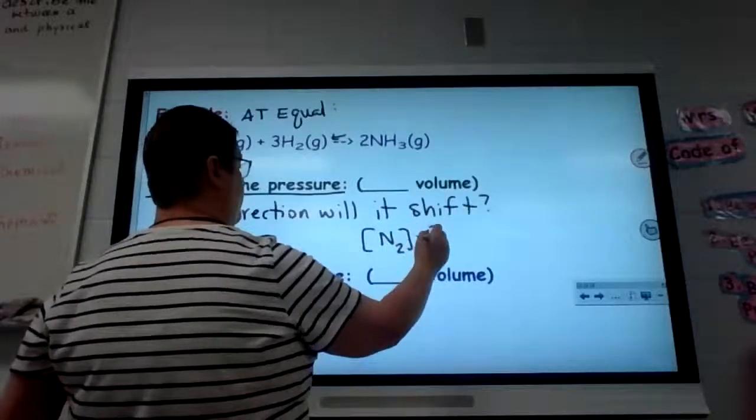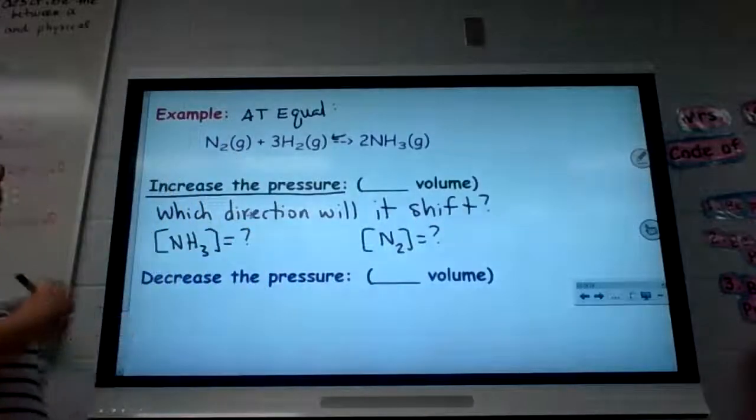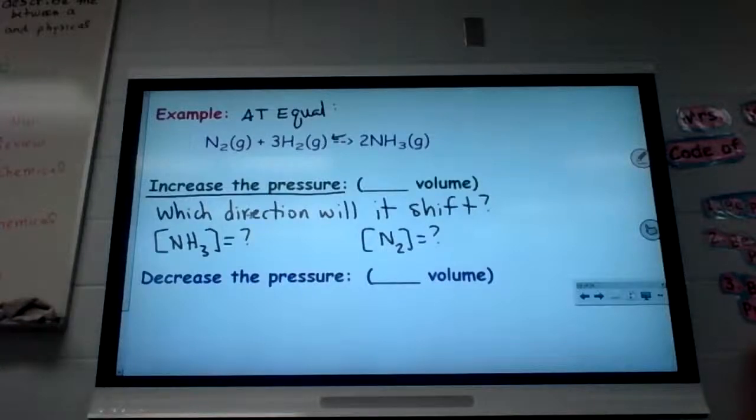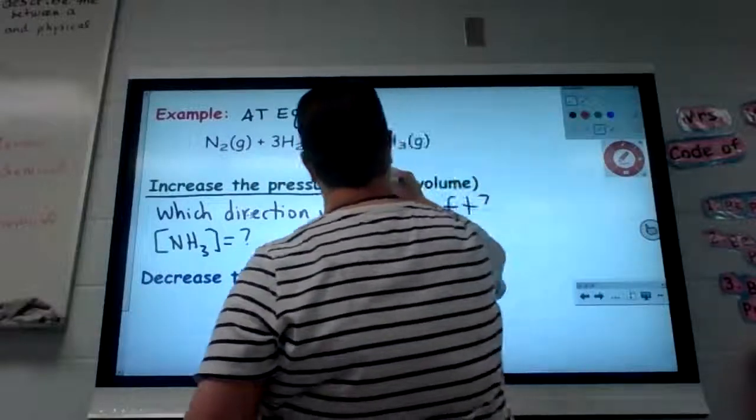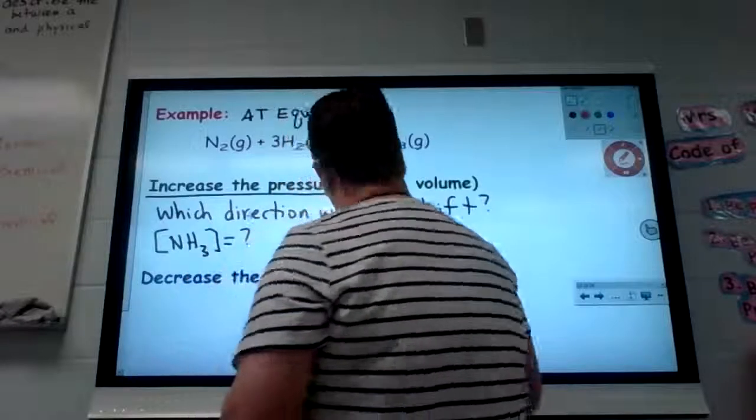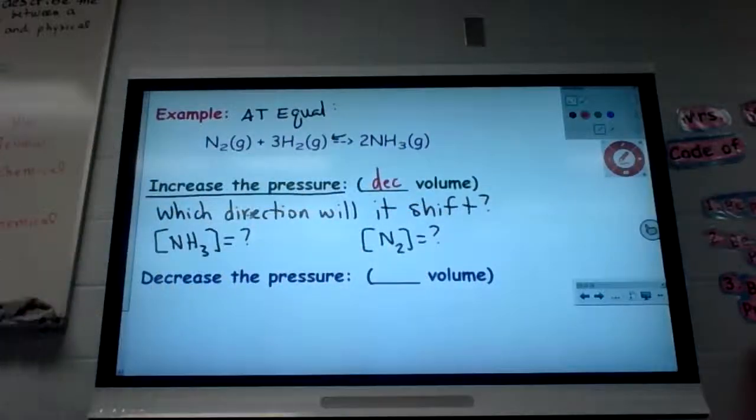What is the volume talking about? If I increase the pressure, what would happen to the volume? Right, that's the same as saying the volume would decrease. All right, so applying your rule. What did I say was going to happen to the pressure?